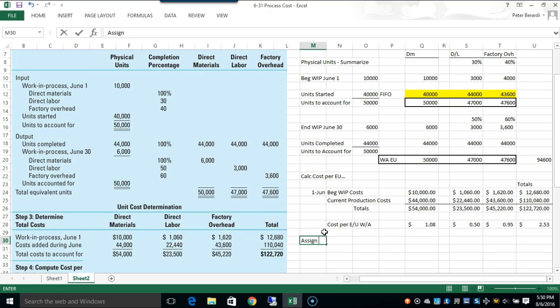So assign costs to ending WIP. So what are our equivalent units for ending WIP? They are direct materials 6,000, direct labor 3,000, and factory overhead 3,600. So I'm going to put in equivalent units here and call it weighted average equivalent units.